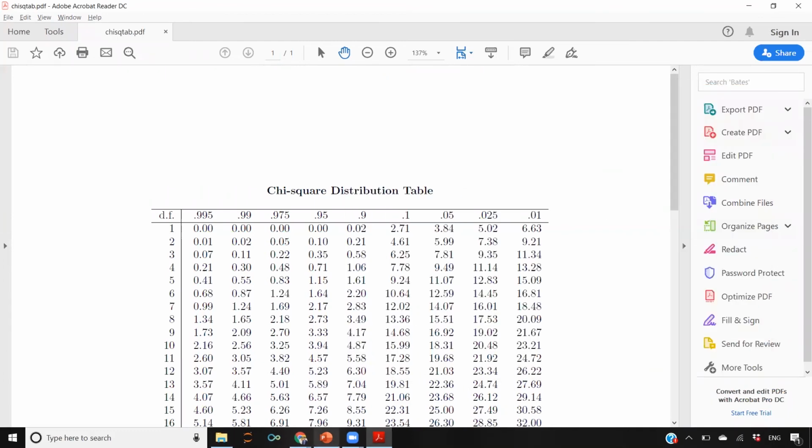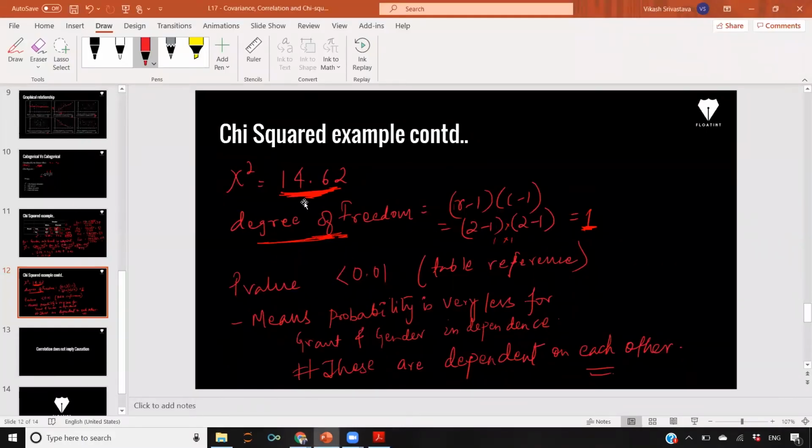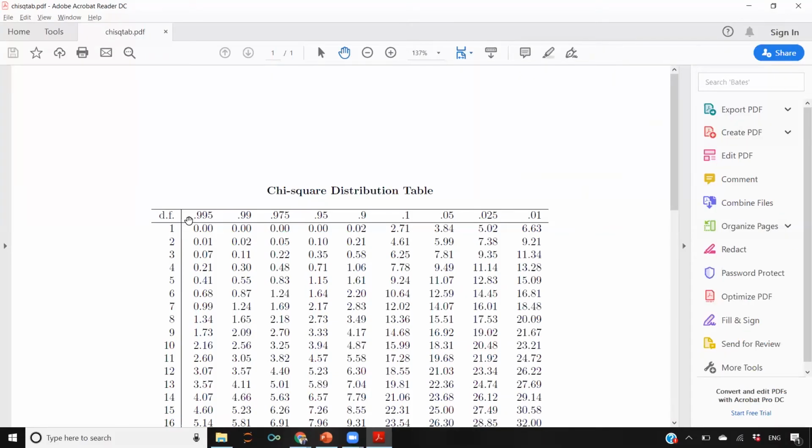In our case, if you go back to our presentation, we had the chi-square value as 14.62 and degree of freedom as 1. So I will go here, degree of freedom 1 and 14.62. It will be higher than 6.63. We don't have that number here, but we can just imagine this.